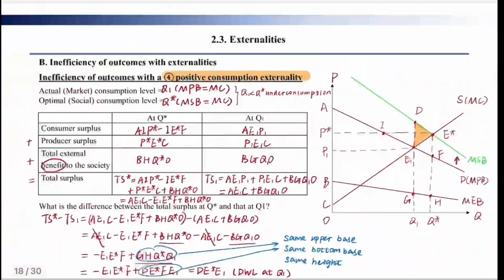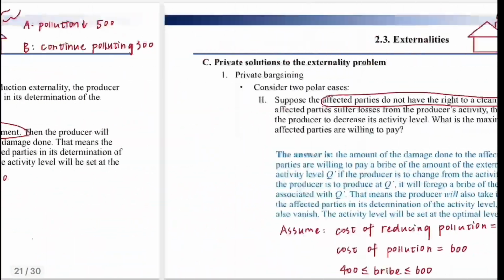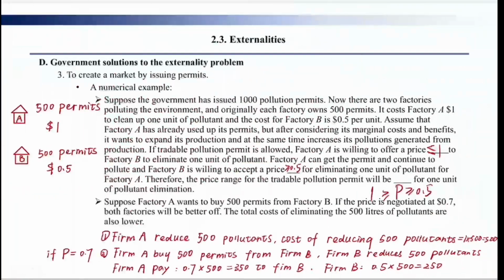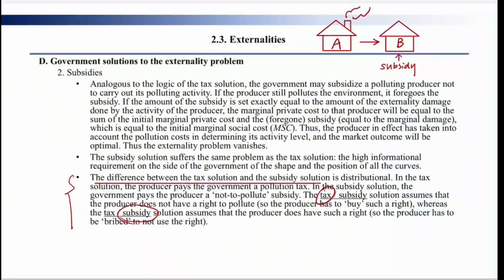Okay. Let's continue to look at the second method, the subsidies. A subsidy is very similar to the tax. We said that the tax is levied on company A. If it is a subsidy, we don't punish any party.